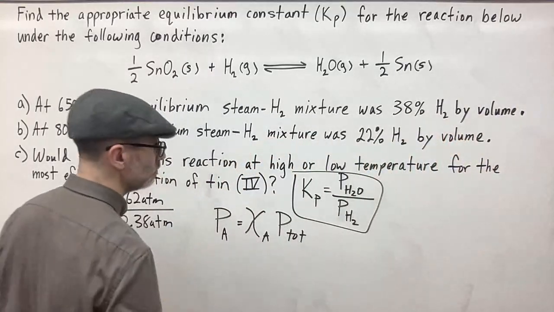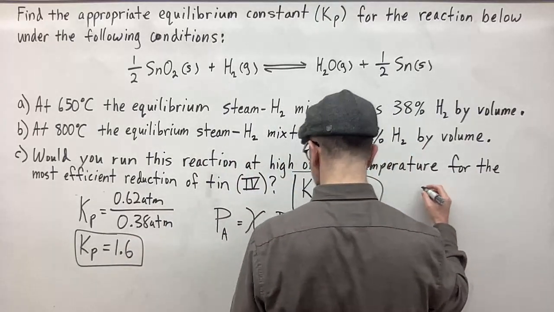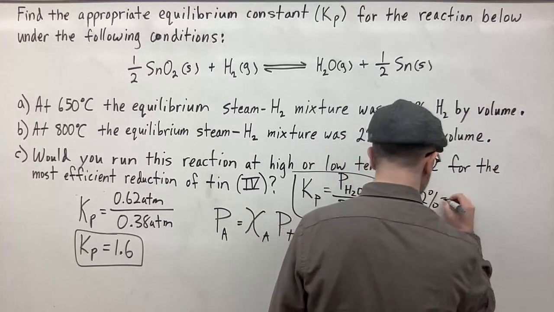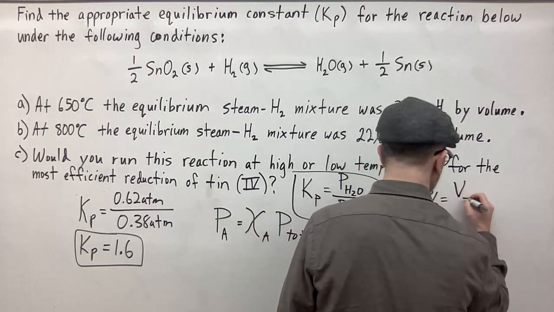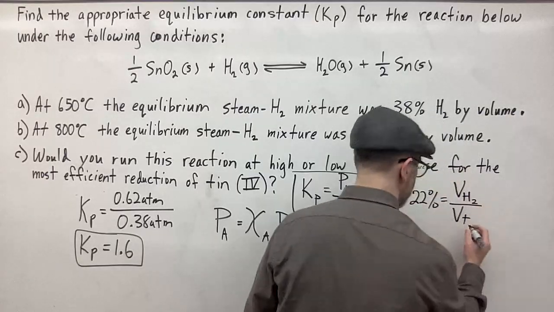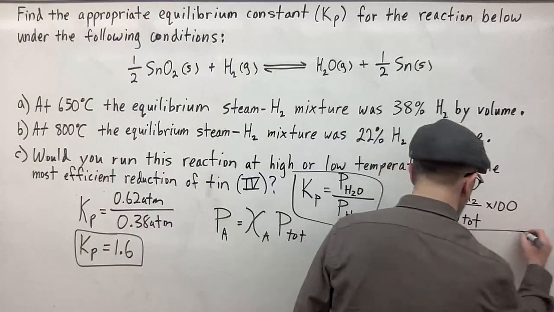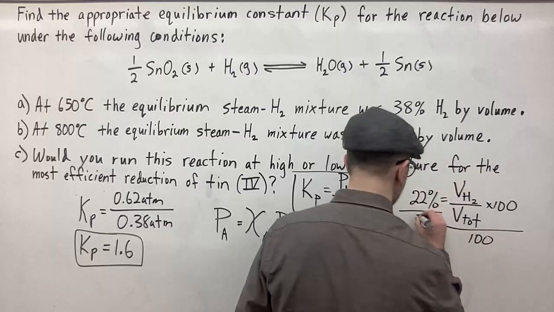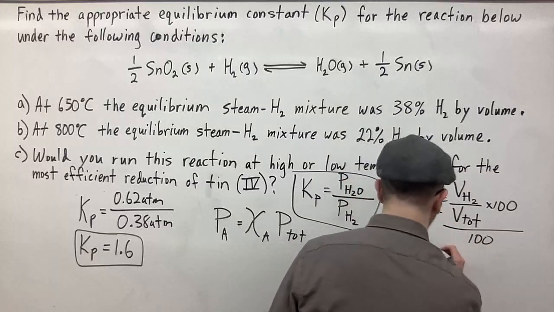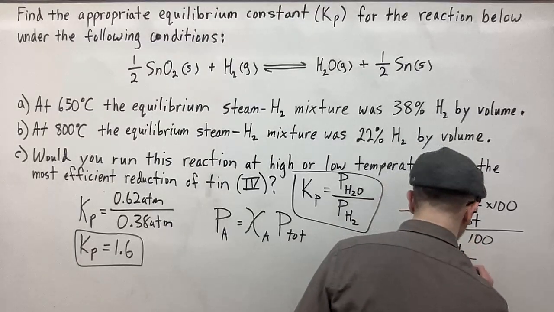So if I do the percent, 22% hydrogen is equal to the volume of H2 over the volume total, multiplied by 100. So now I just divide both sides by 100, and I get 0.22 equals the volume of H2 over the volume total.